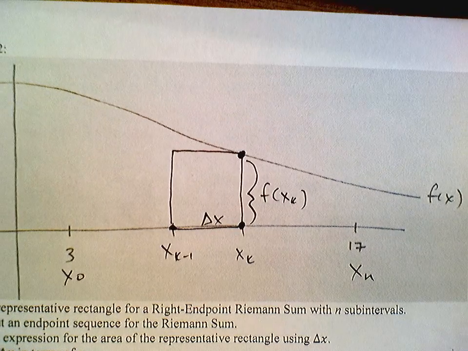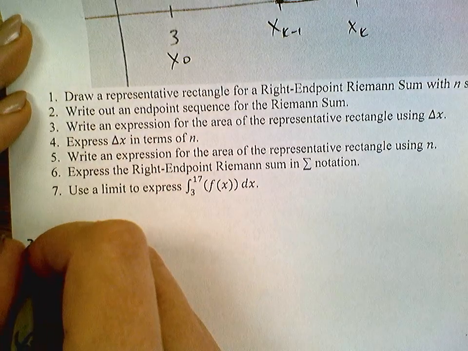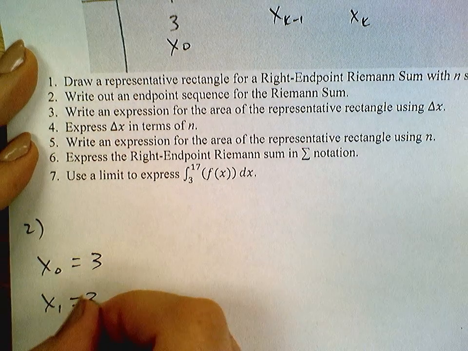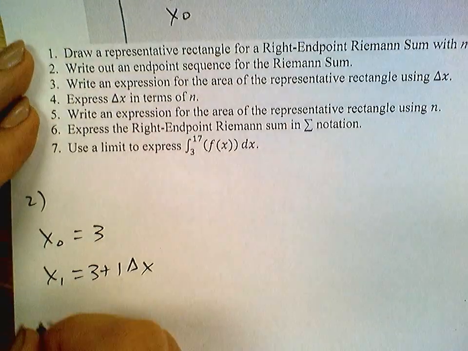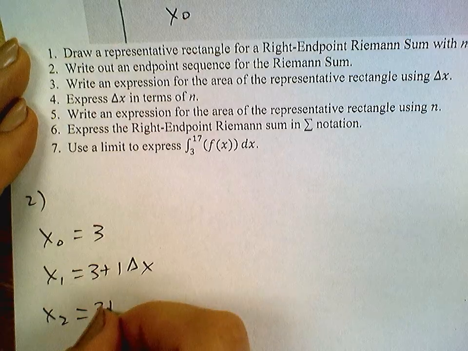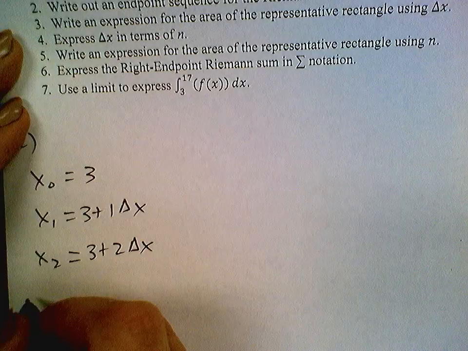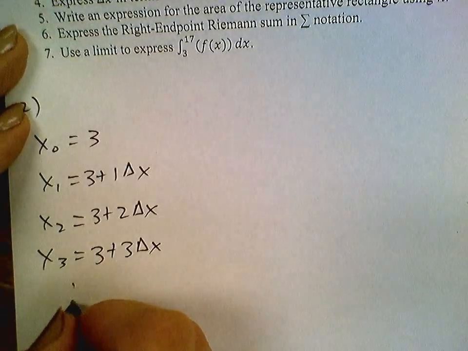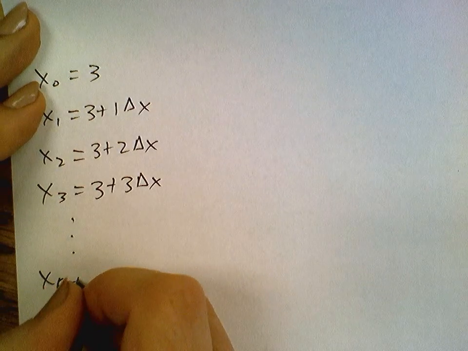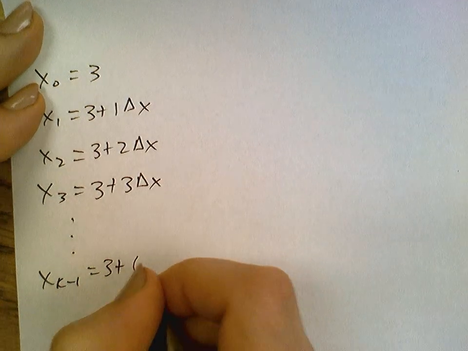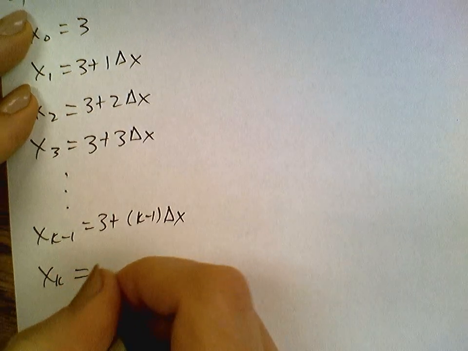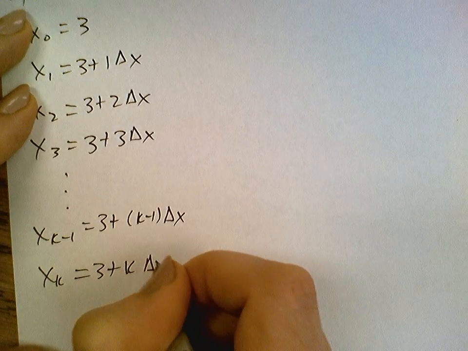Step 1. Step 2, write out an endpoint sequence. This is the same as before. So x sub 0 is 3, x sub 1 is 3 plus 1 delta x, sub 2 is 3 plus 2 delta x, sub 3 is 3 plus 3 delta x, dot dot dot. x sub k minus 1 equals 3 plus k minus 1 delta x, and x sub k is 3 plus k delta x.